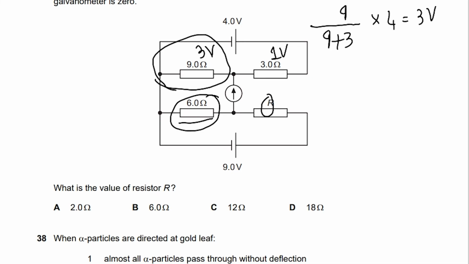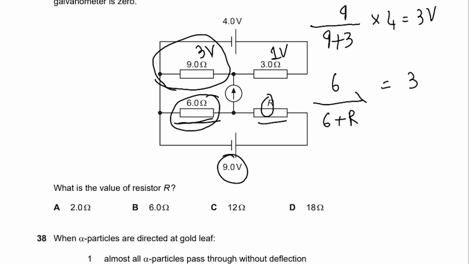Now we know that the potential difference across the 6 ohm resistor is equal to 3 volt. We also know that the resistor we are talking about is 6 ohm and the total resistance is 6 plus R, and the EMF is 9 volt.